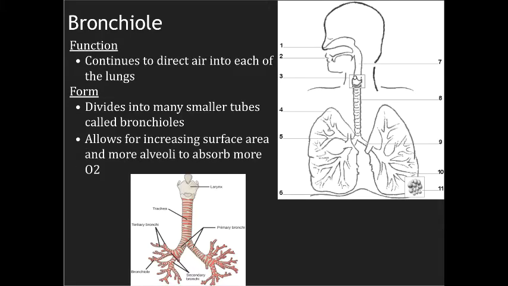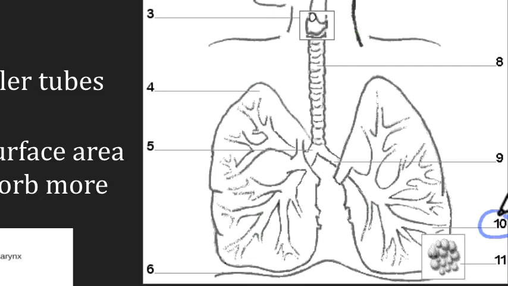After the two bronchi, we get all these bronchioles. Looking at the bronchioles on your diagram, you're going to be 10, and it's showing it here. Here would be an example of a bronchiole, but here's some more, here's some more. They're kind of like branches of a tree, basically. Why is this all important? Well, each of these bronchioles connects to our next structure, the alveoli.